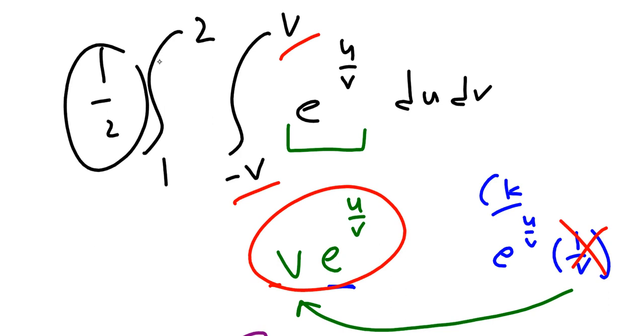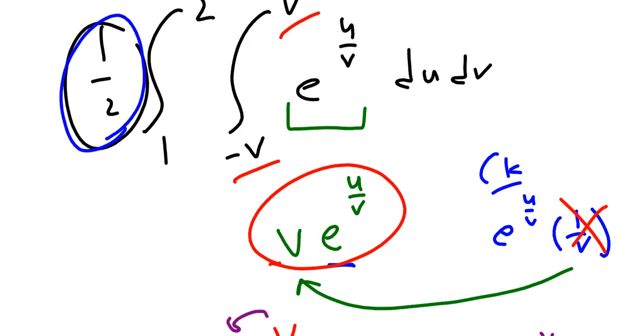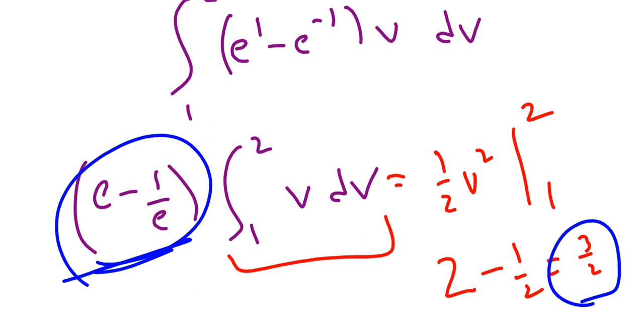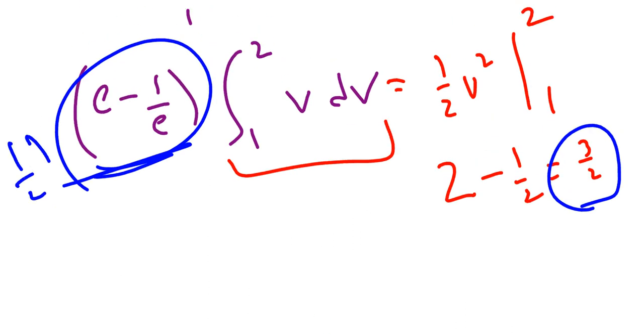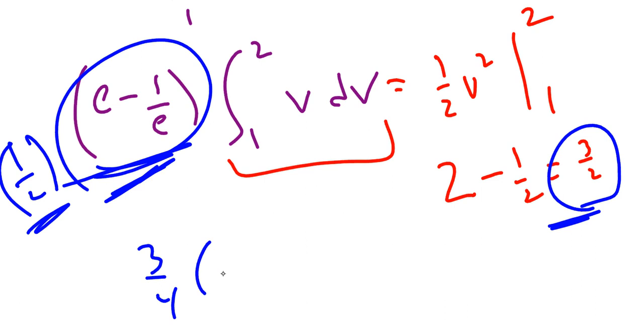I left it out in front, and I just have to remember to multiply by the answer at the end. So when everything's said and done, I end up with 1 half times that thing times that thing. So a half times 3 halves is 3/4. So 3/4 times e minus 1 over e. And there you have it.